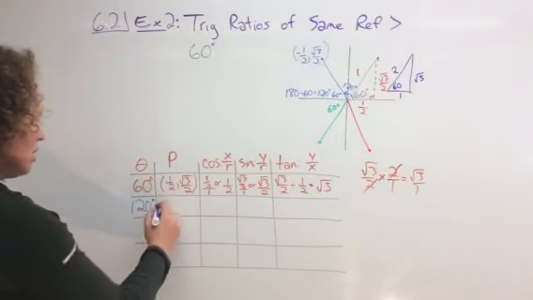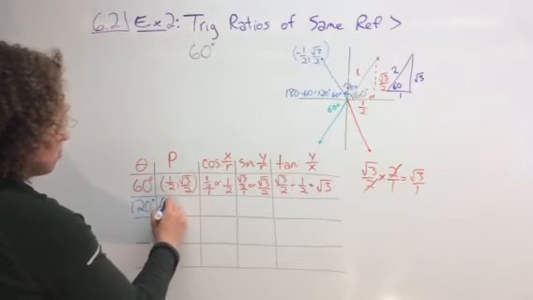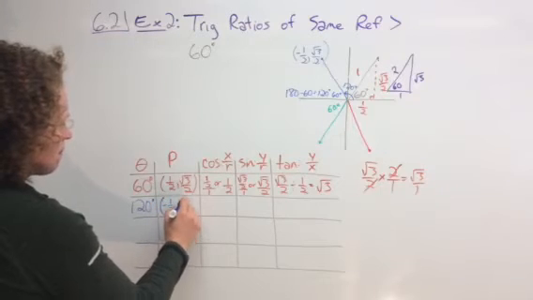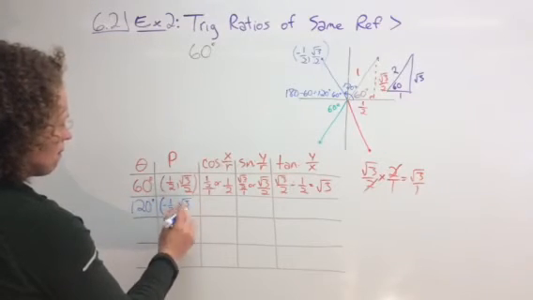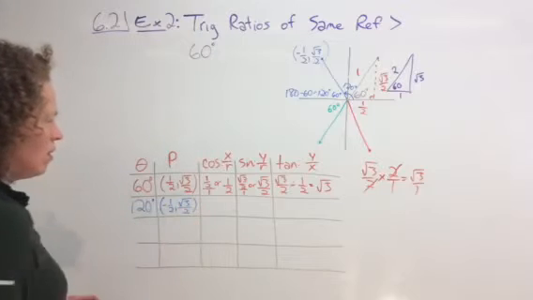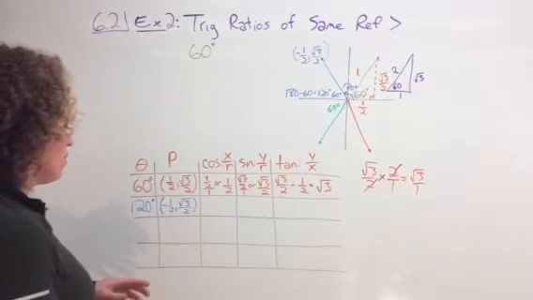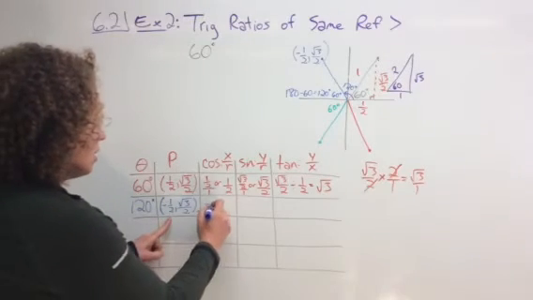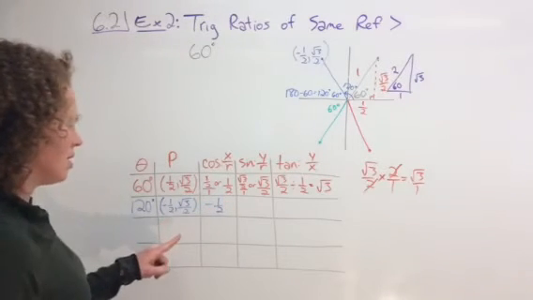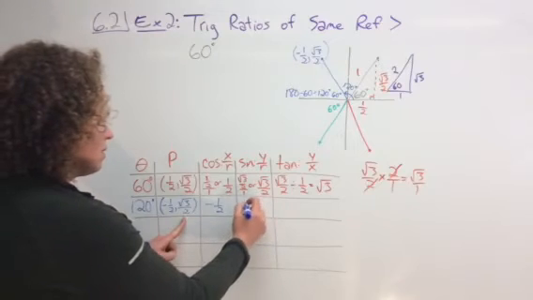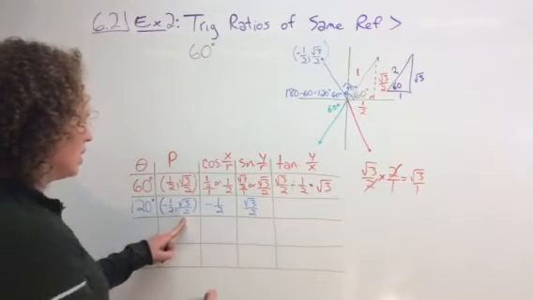Now when we go through here, we're going to have to remember that. Because r is 1, we just get rid of it. So all we have to do now is put cos is negative 1/2 because it's x. Sine is root 3 over 2.